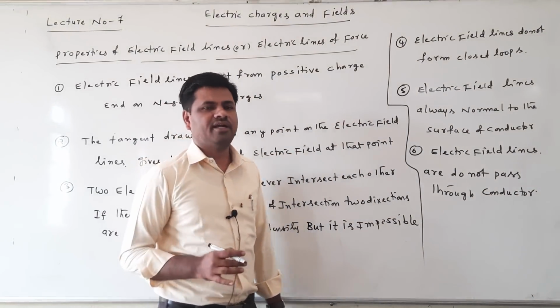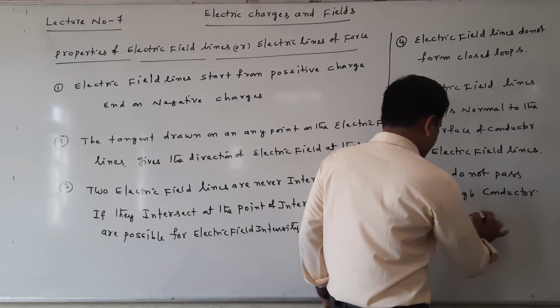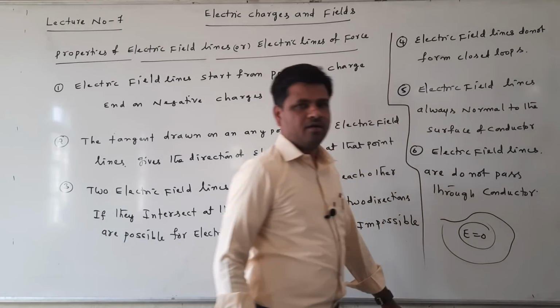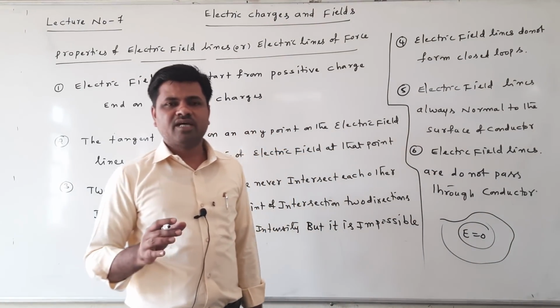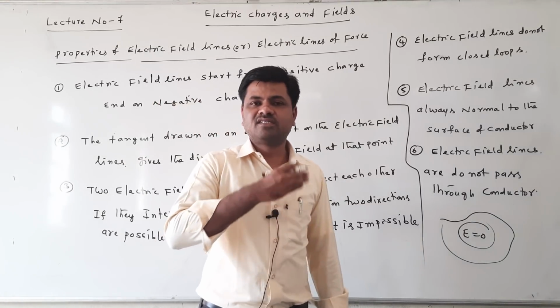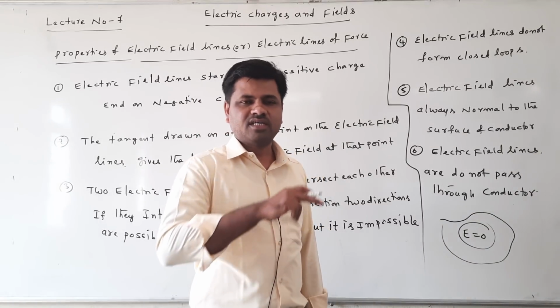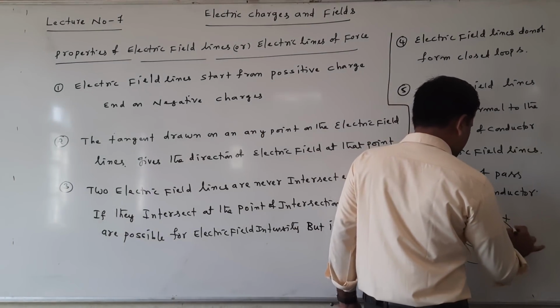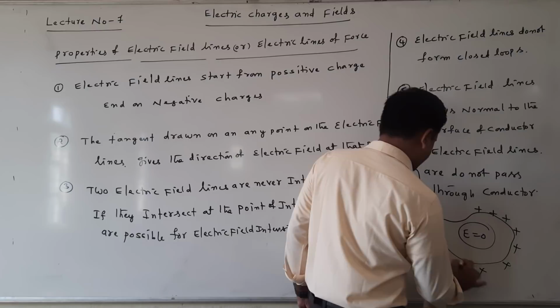Because inside the conductor the electric field is always 0. Why 0? Because inside the conductor there are no charges. Charge always resides on the surface of the conductor. Charge is distributed only on the surface of the conductor.